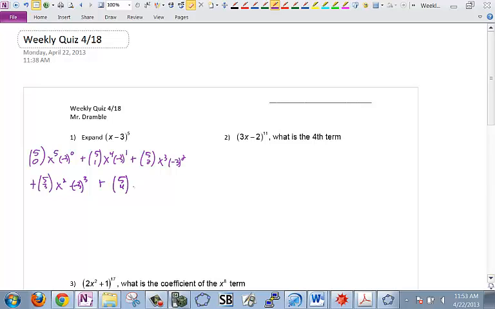And then 5 choose 4, x to the 1st, negative 3 to the 4th. And then finally 5 choose 5, x to the 0, negative 3 to the 5th.